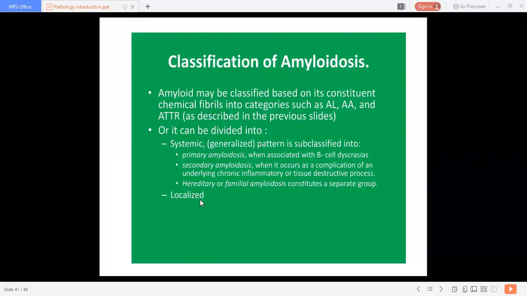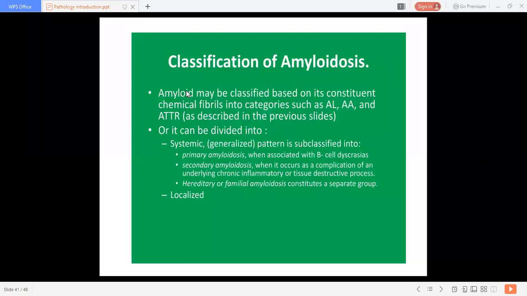So this is the classification of amyloidosis. It is basically classified into systemic and localized. You write it down: systemic into four groups and localized into three groups.